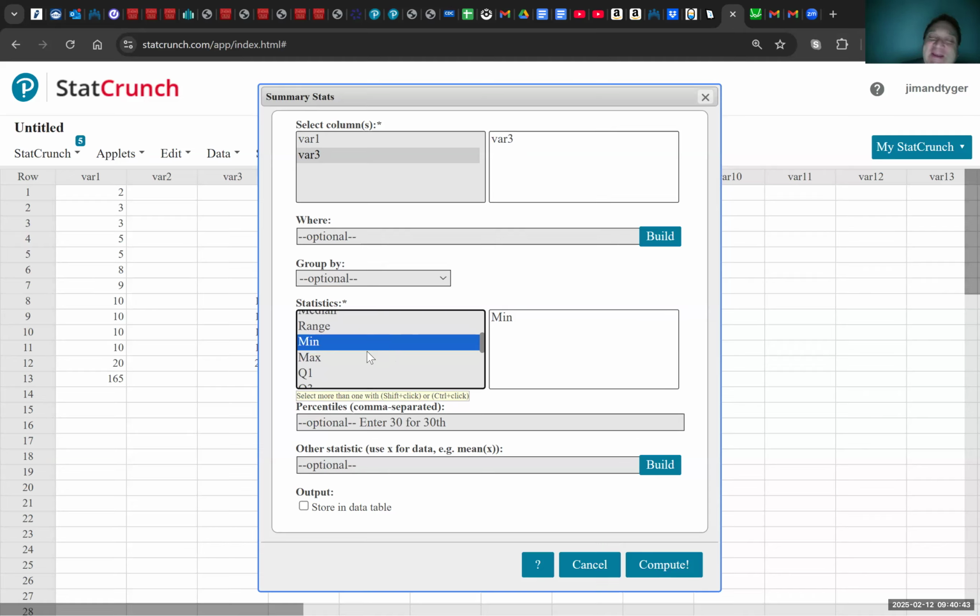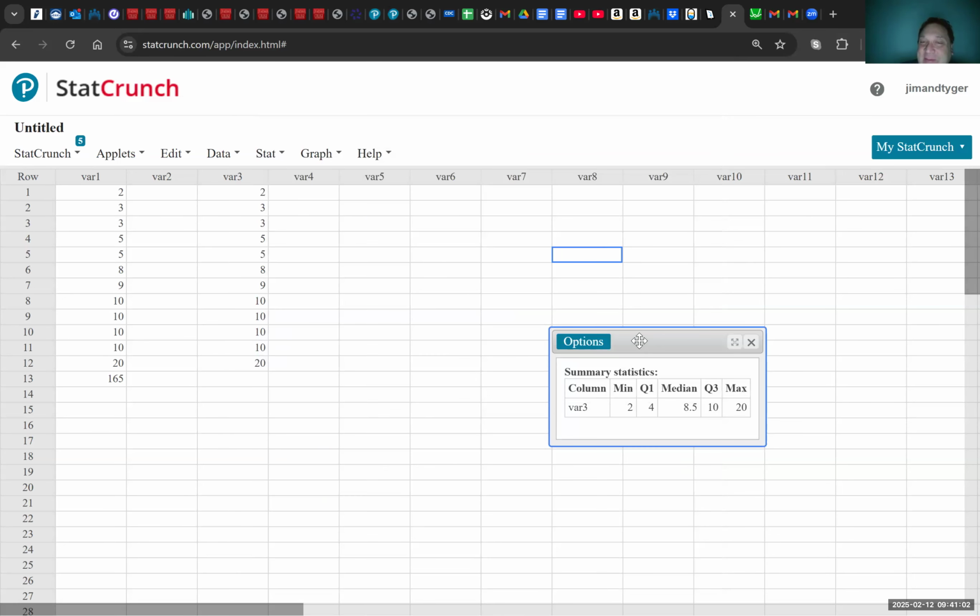I forgot to hold the control key, so it erased it. Sorry. Minimum, Q1, median, which is Q2, Q3, and maximum. Okay, there we go. And it pops up with those 5 numbers.